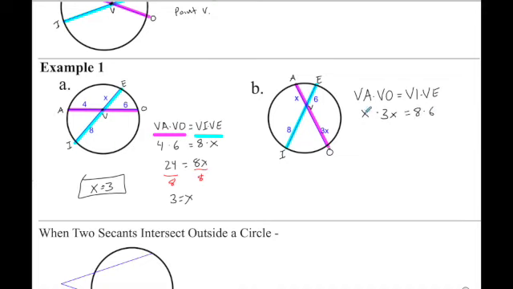We have to be careful here because X times 3X is just 3X times another X. That gives us 3X squared because there's 2 factors of X. 6 times 8 is 48. Continue to solve. Divide by 3 first before we square root, order of operations.